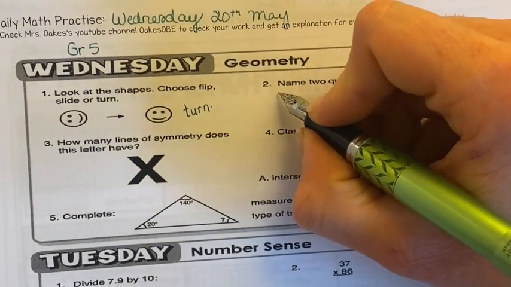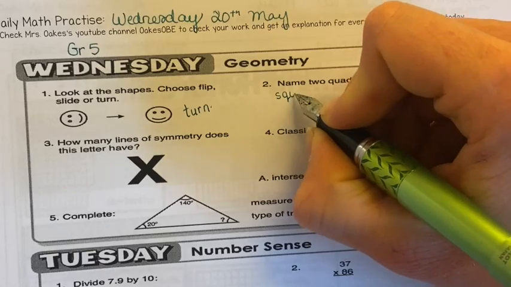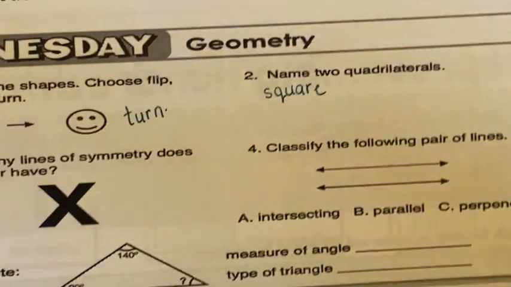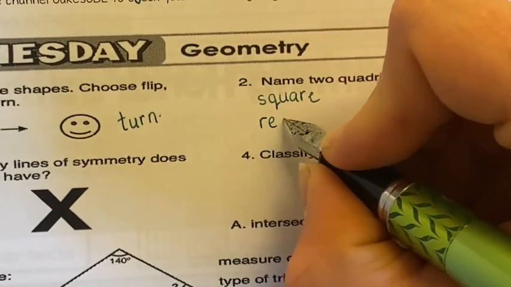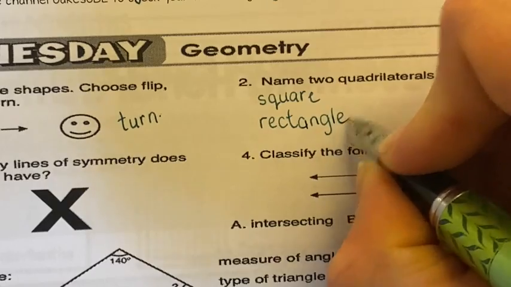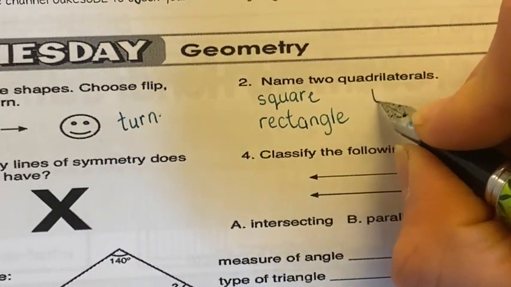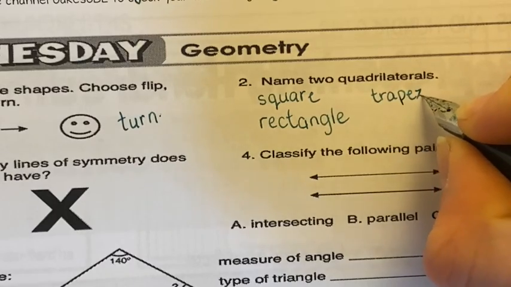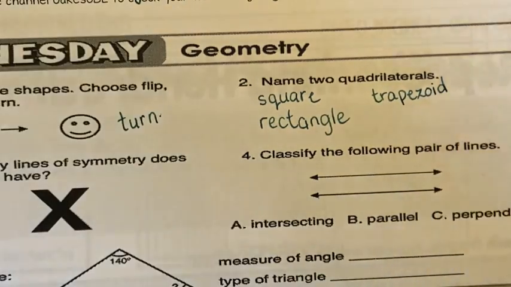Number 2, name 2 quadrilaterals. Okay, there's a few. That's just something with 4 sides. So a square has 4 sides. A rectangle has 4 sides. A trapezoid. I'm wondering if I spelled that correctly.